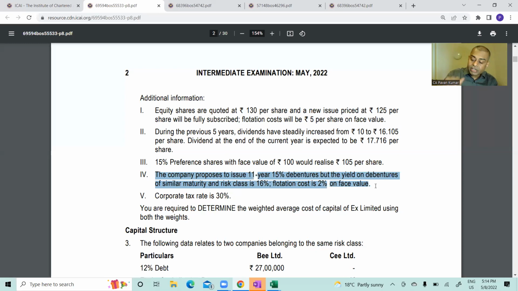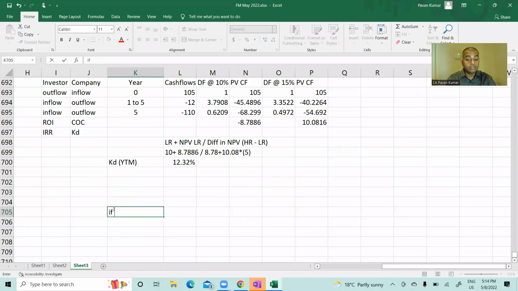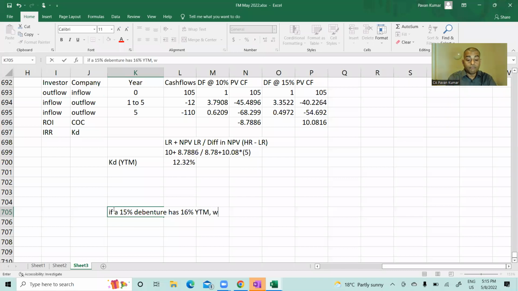If a 15% debenture has 16% yield to maturity, what would be the market price of such debenture?